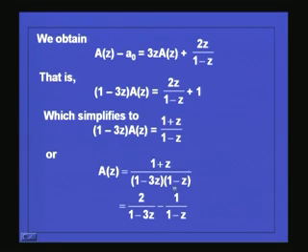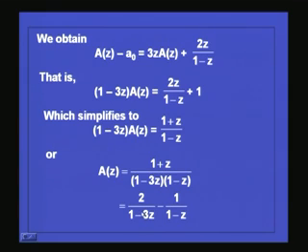If you resolve this into partial fractions, then this can be written as a by 1 minus 3z plus b by 1 minus z and solve for a and b, you get this value. So, the general term here will be this, you can see that can be expanded as 1 plus 3z the whole squared and so on.